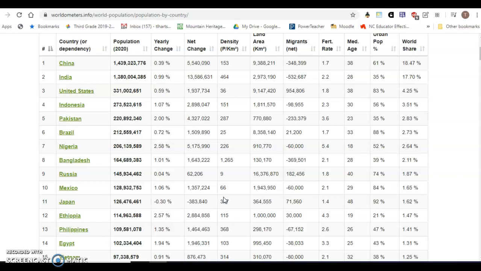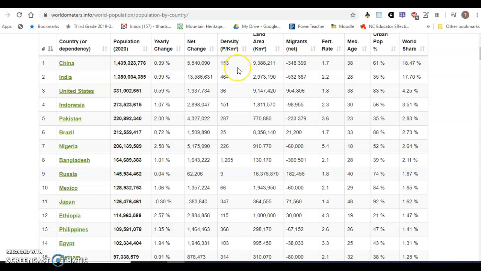Of the 10 most populous countries, where does the U.S. rank in terms of population density? And I probably should have mentioned that population density is the number of people per kilometer squared.